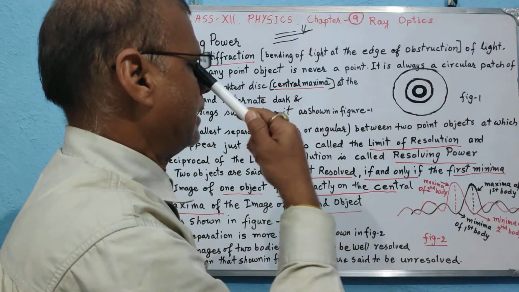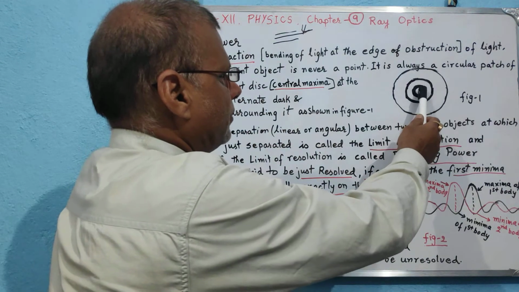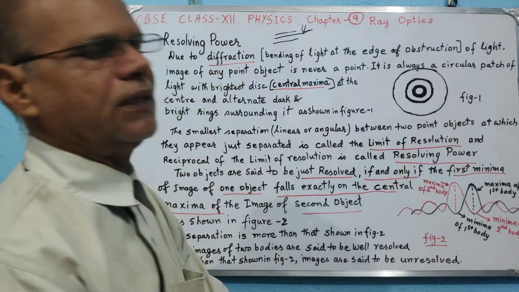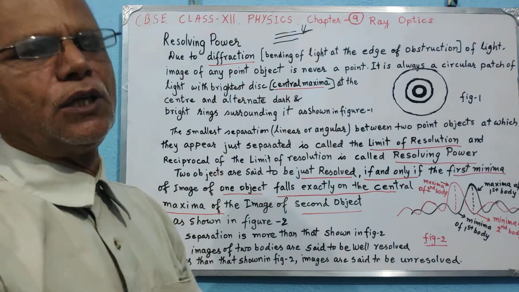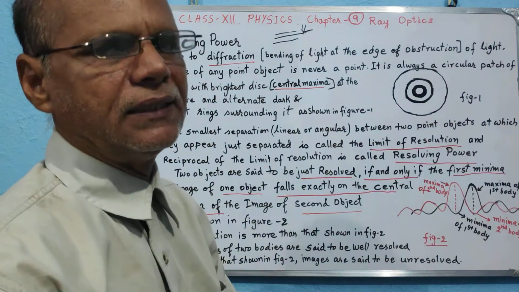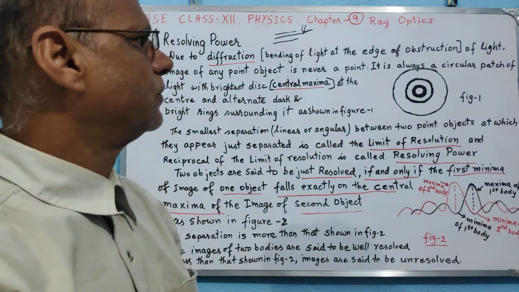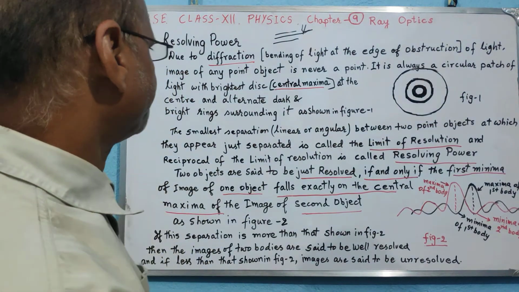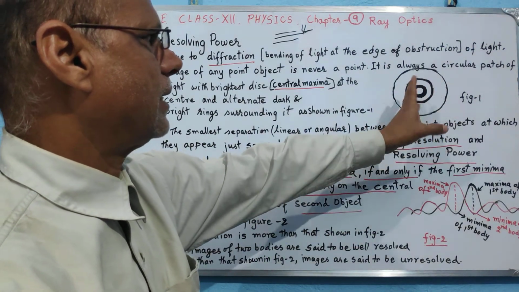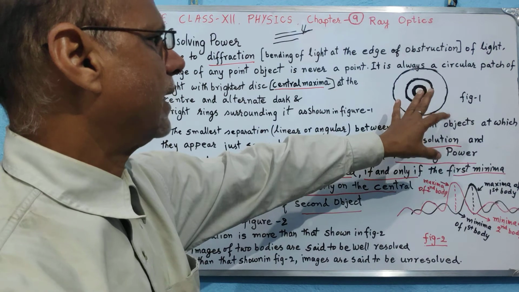The central bright band is known as the first maxima, and the immediate next one is known as the first minima. Minima means the dark band. In the dark band we don't have any light energy available, and so alternately there are dark bands and bright bands.